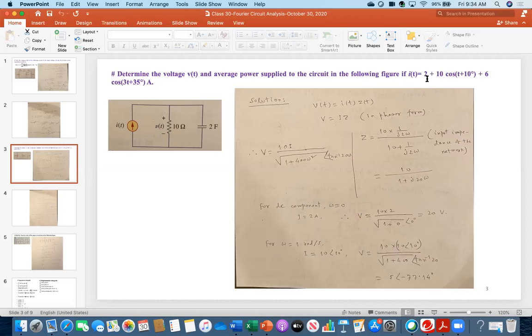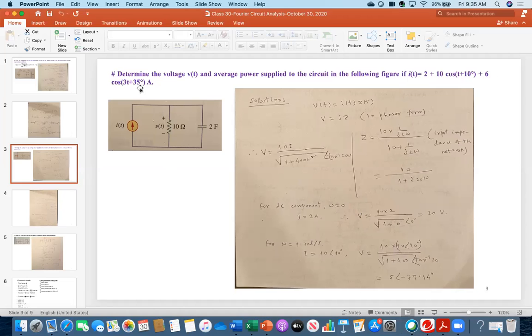If my current is 2 ampere here, then what is my voltage? Keep that calculation. Next time, if I is this one, but this is time domain, you convert into the phasor domain. What will be the phasor? 10 at an angle of 10 degrees. But you have to keep in mind that omega is 1. Then the third time, what will happen?